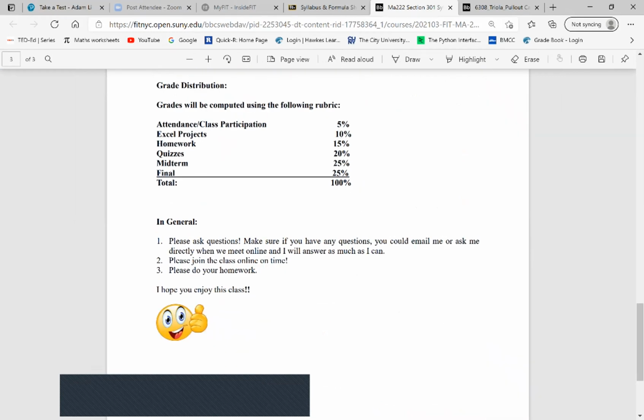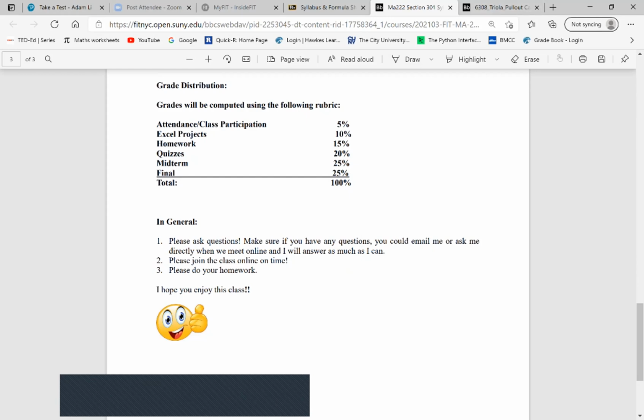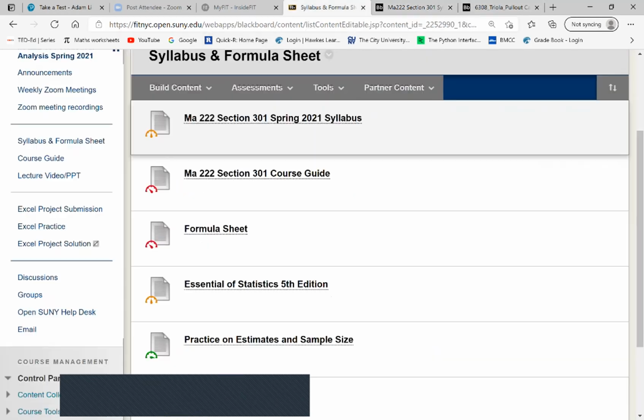Excel projects have a weight for each project, and then homework is 15%, quiz is 20%. I put in one grade for homework, one grade for quiz, the best possible grade for midterm, and final as well. And you get a final course grade calculated under the Blackboard.